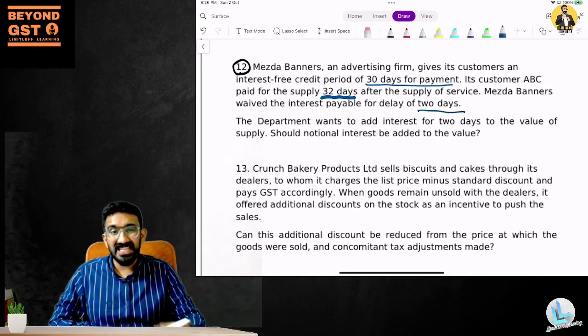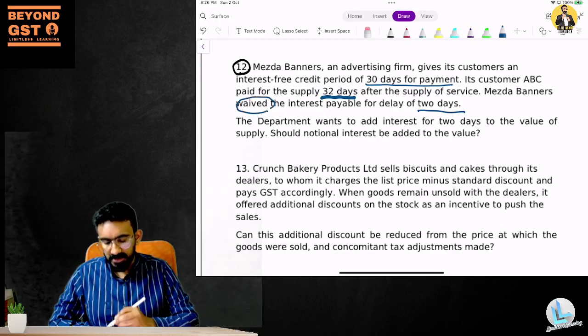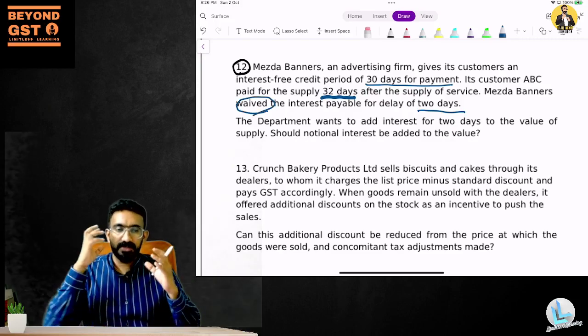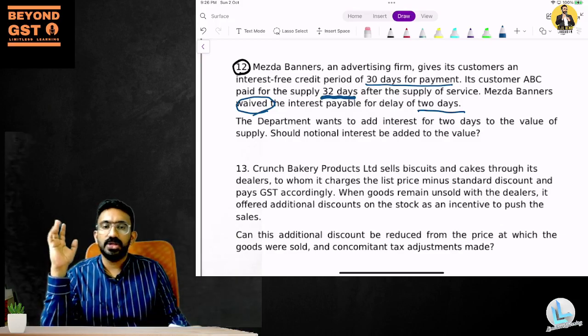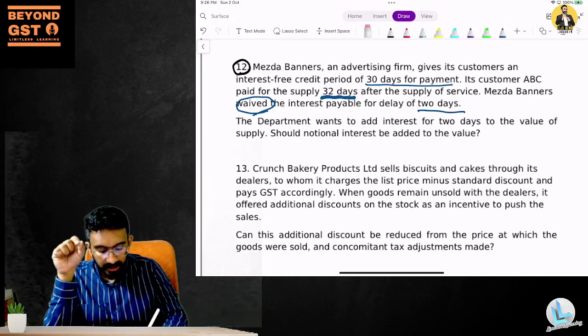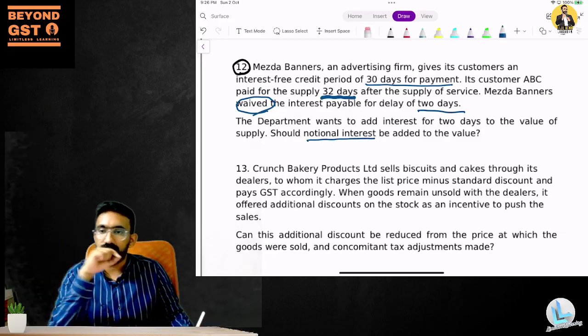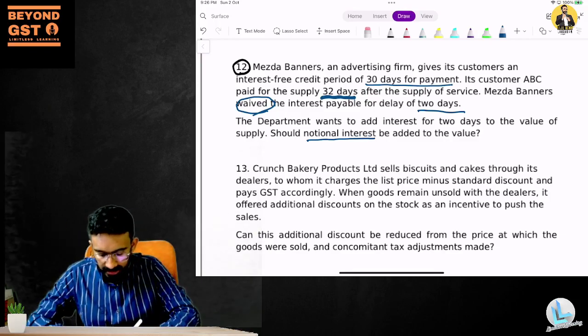Yes. Did they collect the interest? No, they waived the interest. So suppose the supplier is waiving the interest, should that notional interest, the imaginary interest that should have been collected, be added to the transaction value is the question. The answer is no, because what is transaction value?